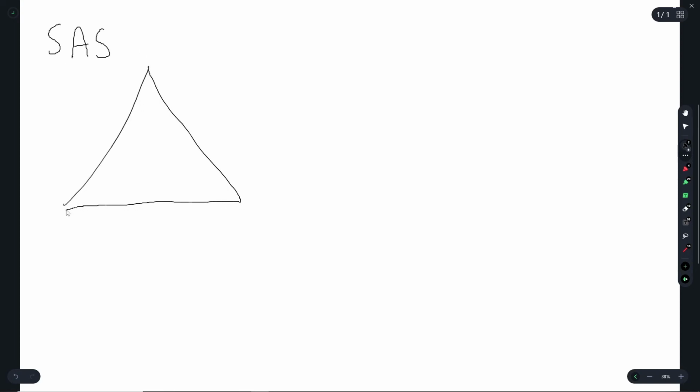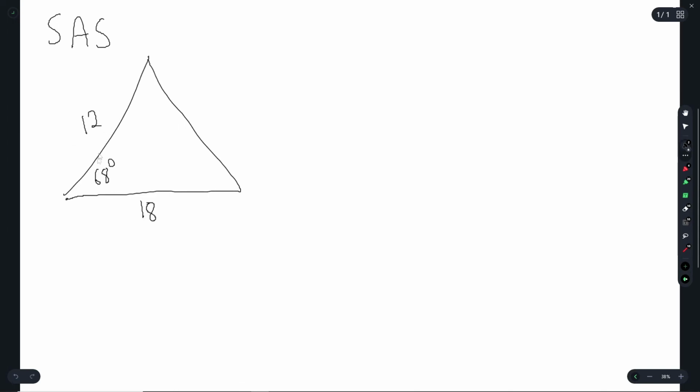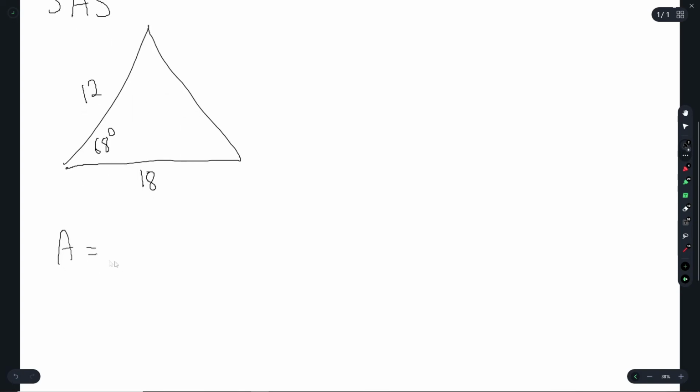So one last thing for this lesson is finding the area of a given triangle, which has side, angle, side. The angle is between the two sides. So we'll start with the first example. Let's say this is 12, 68, and 18. Since we have side, angle, side, we can use A equal to half the two sides and the angle between them.